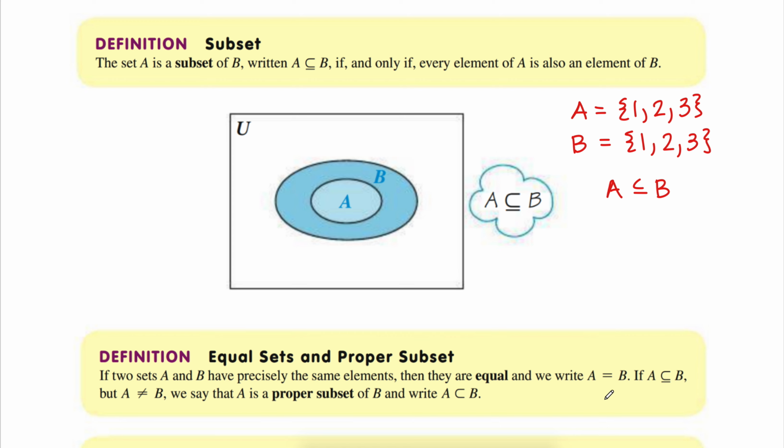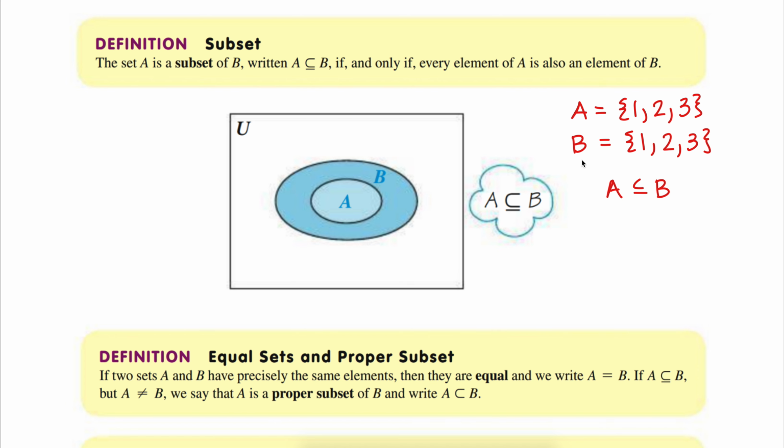But then we can also talk about a proper subset. And with numbers, you can think of a proper subset the same way you would think of a strictly less than. To be a proper subset, A has to be smaller than B, okay? So for one set to be a proper subset of another, it has to have fewer elements.